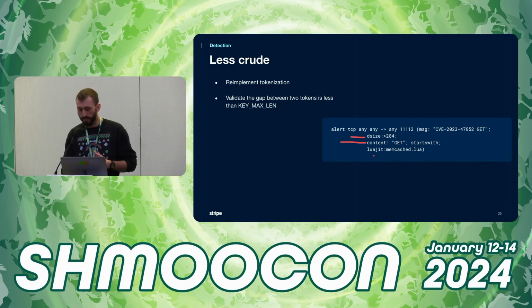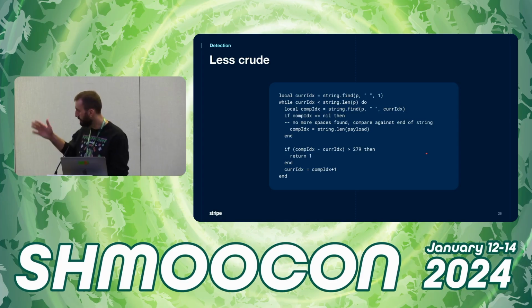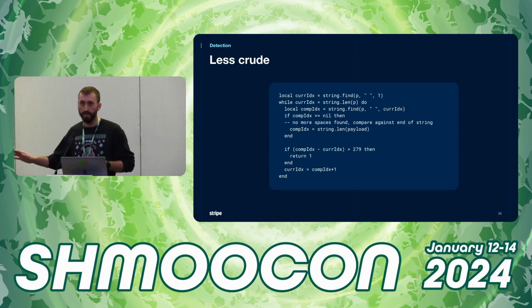And if they do, then we execute this Lua script. I won't go through it, but essentially it walks the entirety of the request, looks for the spaces, and then calculates the distance between those. That way, if you have the capability of deploying a network-based signature, and you can sniff all the data on the wire, then you can capture it regardless of what behavior an adversary or the actual exploit is running on the system itself.